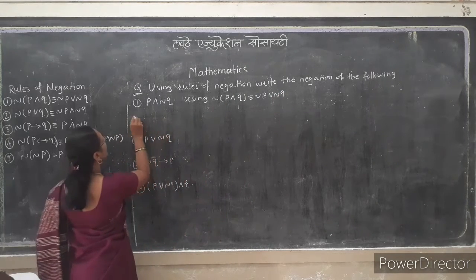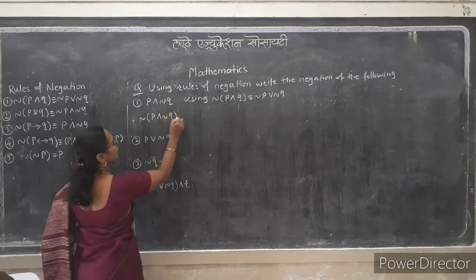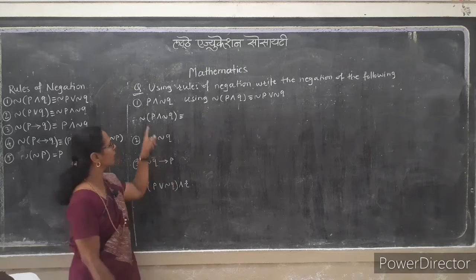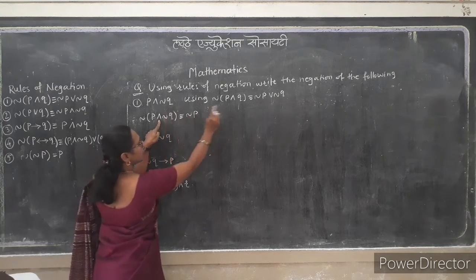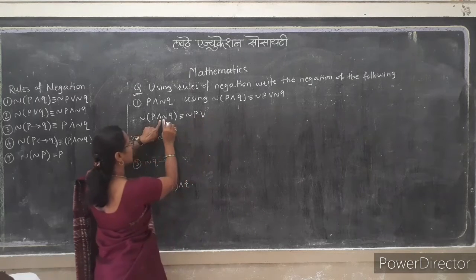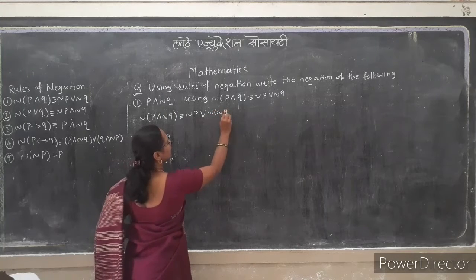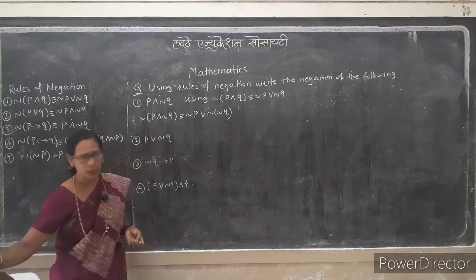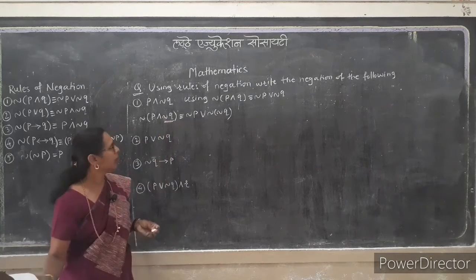Therefore, conjunction is replaced here by disjunction. And next, negation Q means negation of negation Q, because here instead of Q there is negation Q.